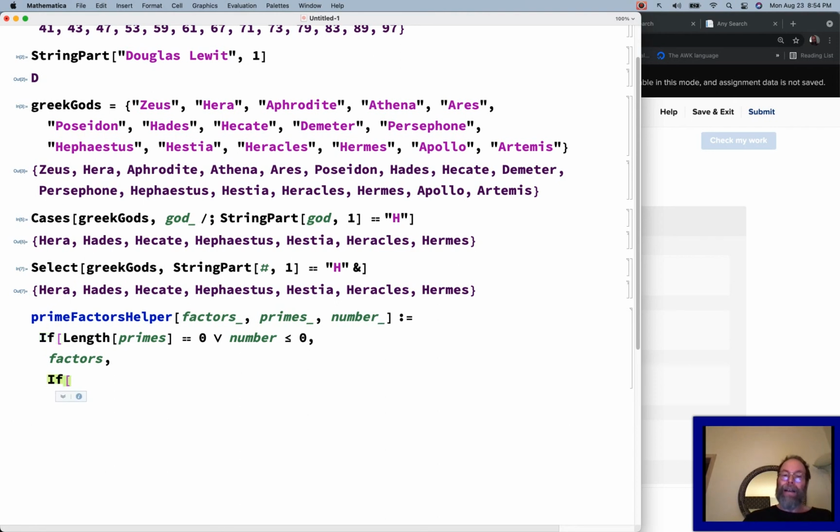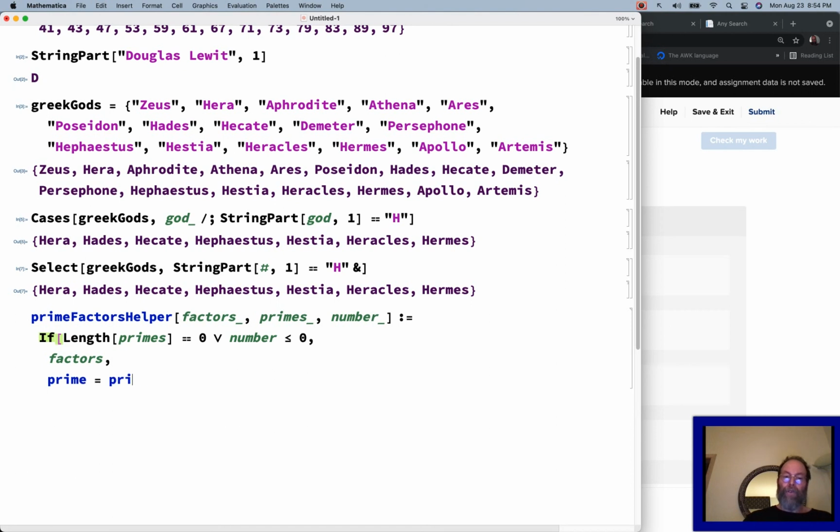Otherwise, consider the possibility if number mod, oh, actually, before we even do that, we have to dissect our list. We have to take the list apart. So P, I'll call it P short for prime number. You could call it prime number if you want to.